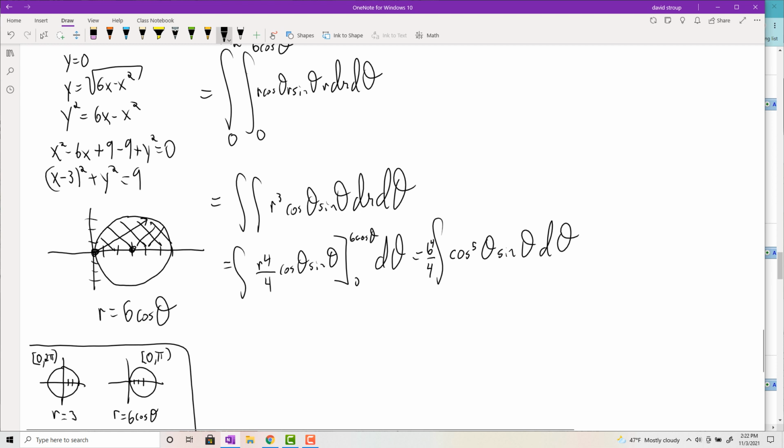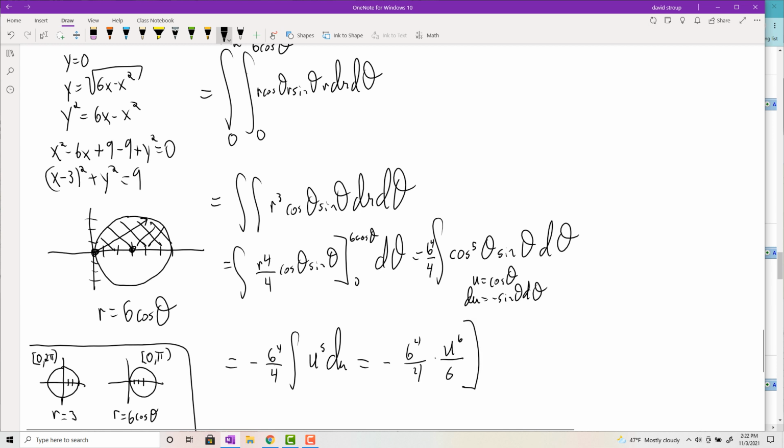Then you want to do a u sub for cosine. So our du will be negative sine theta d theta. There's a negative floating about, so I'm going to move the negative out to the front, and then do my u sub for u to the fifth du, and then integrate that. So negative 6 to the fourth over 4 times u to the 6 over 6. Evaluate it.